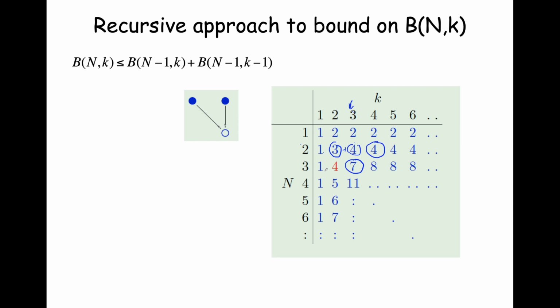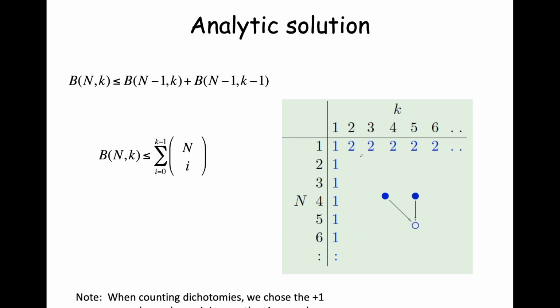And so we can fill in all the entries of the table, but now we need a more sophisticated way that talks arbitrarily about the entries in this table, describing the bound on B(N,k), the max number of dichotomies that you can have for a data set of size N given a breakpoint of k. An analytic solution will allow us to prove that the upper bound on B(N,k) is in fact polynomial.